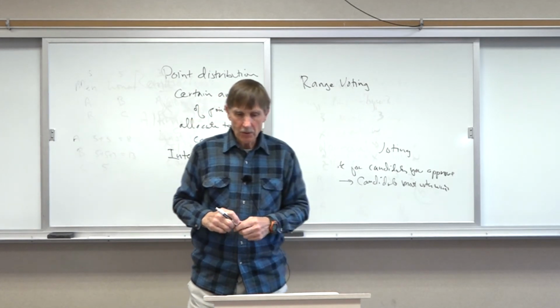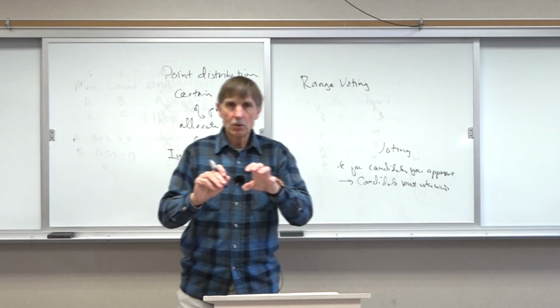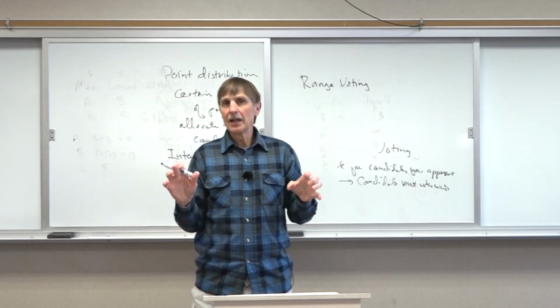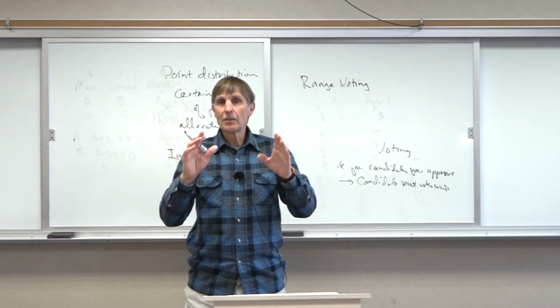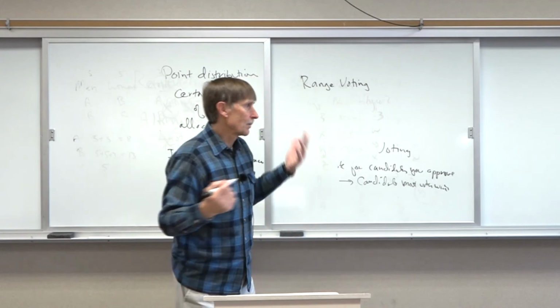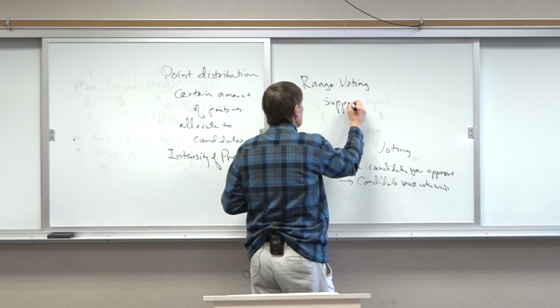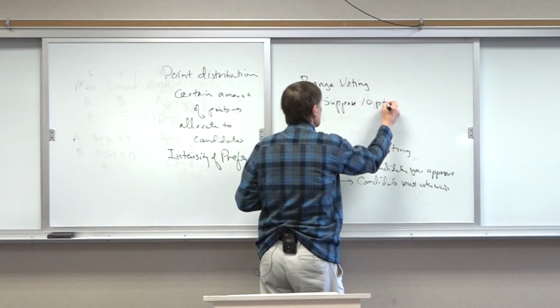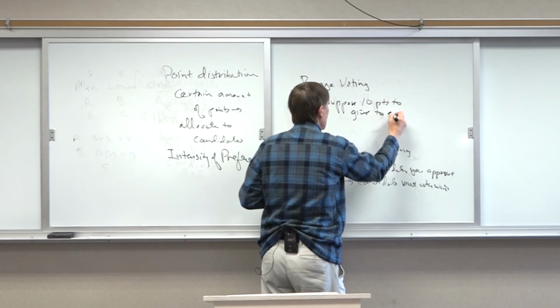And the way range voting works is you vote for all the candidates that you want, and you assign a certain amount of points to each one. So let's say suppose you have 10 points to give to each candidate.